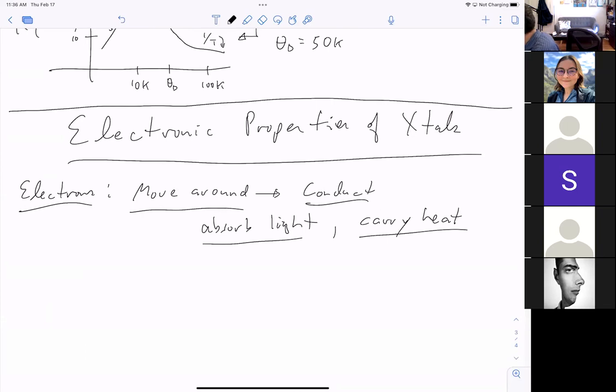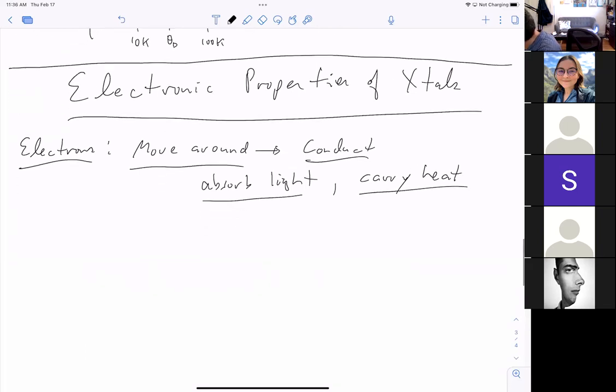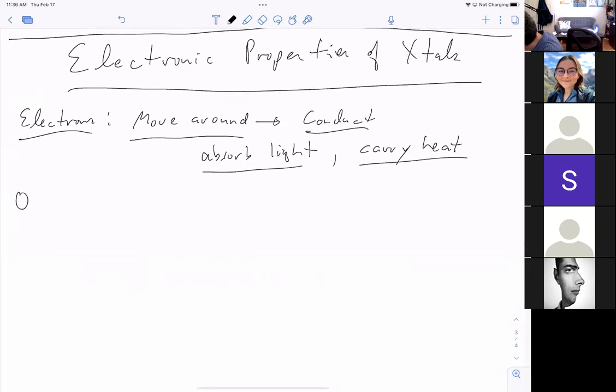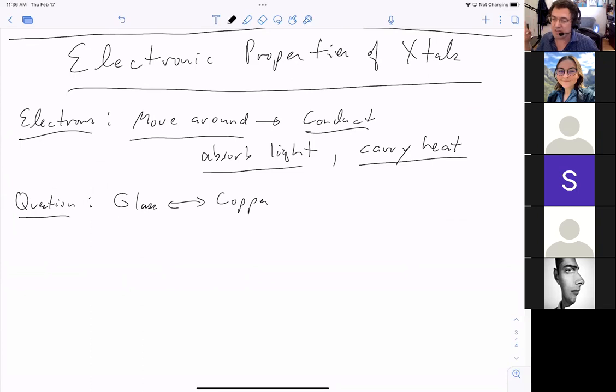Okay, and so for example, here's a question. I have a piece of glass and I have a piece of copper. And we can ask ourselves, you guys know that they're different, right? Glass is transparent. It doesn't conduct heat very well.